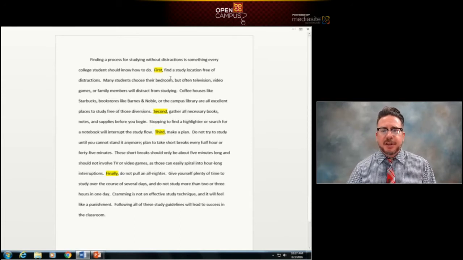Finding a process for studying without distractions is something every college student should know how to do. I think that's better. I think now our topic sentence better reflects what our paragraph is truly about. So these are all steps we're revising. Look at those big picture issues, the content of our topic sentence. So these are the things you should be looking at in your own writing when you revise and edit.